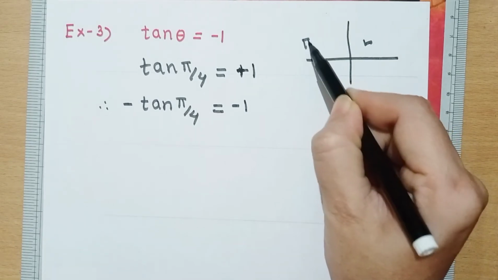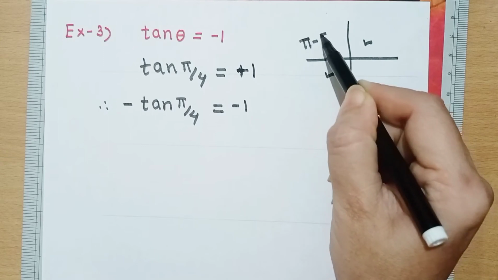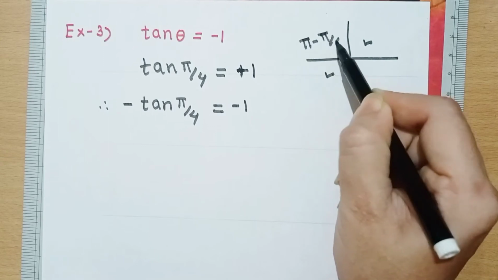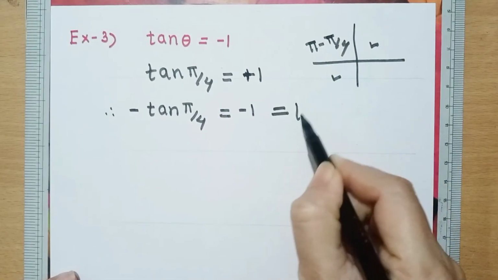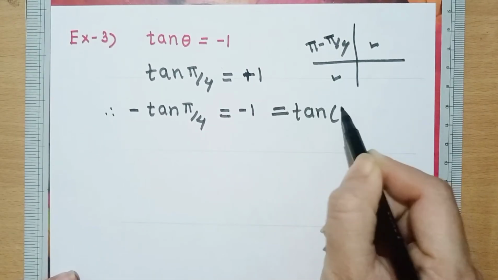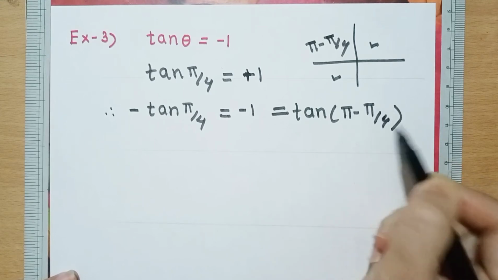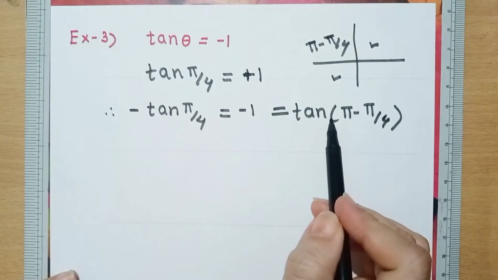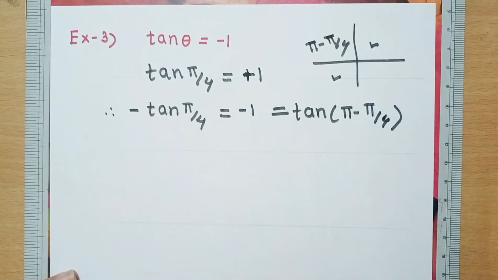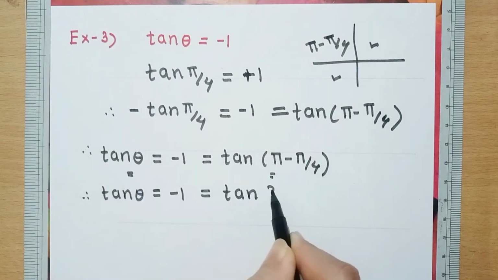That means in the second quadrant it is negative, and we are writing the angle pi minus theta, means pi minus this angle, which is pi by 4, and this is equal to tan of pi minus pi by 4. Now observe again, tan of theta equal to minus 1 equal to this. This is nothing but tan of 3 pi by 4.